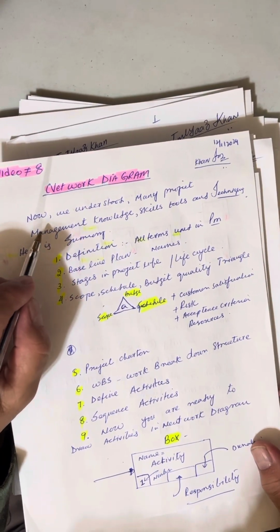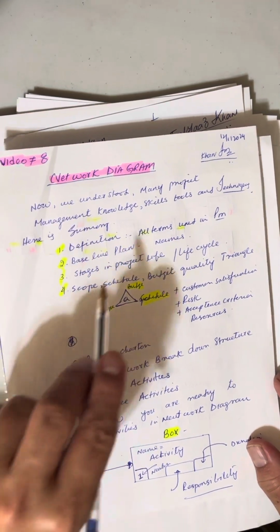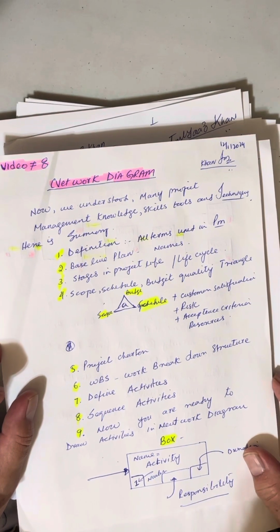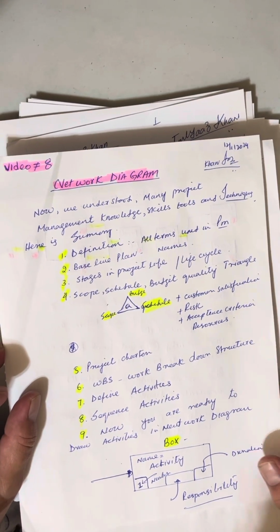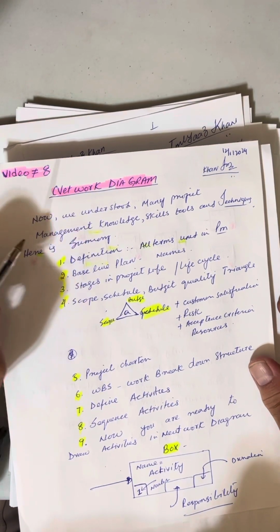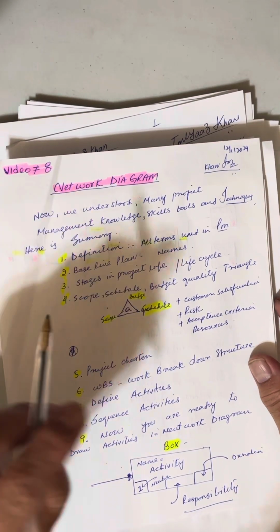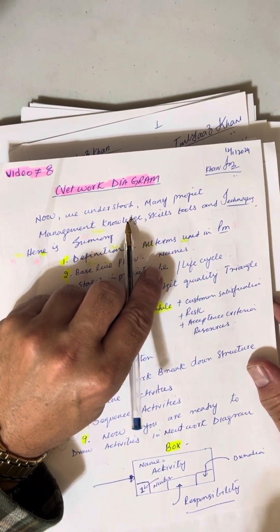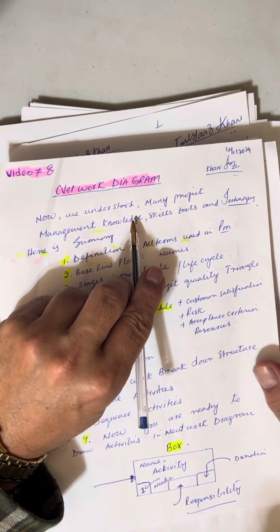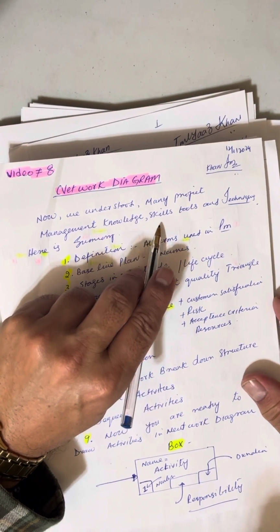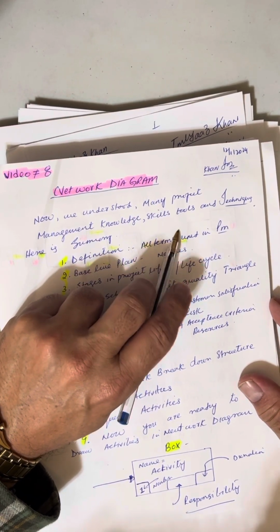Now, we understood many project management terms I have covered so far in 6-7 videos: the project management knowledge, definitions, descriptions of some items, and the skills and the tools.